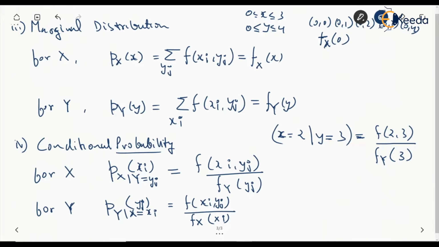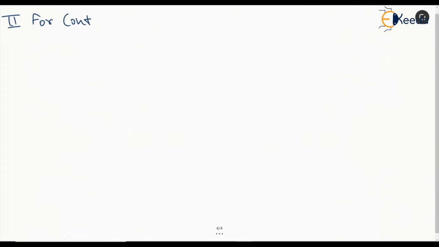Similarly, conditional probability is also defined for y. In a similar fashion, we'll have this for the continuous distribution also, right? So let's see. The second one is for the continuous distribution.